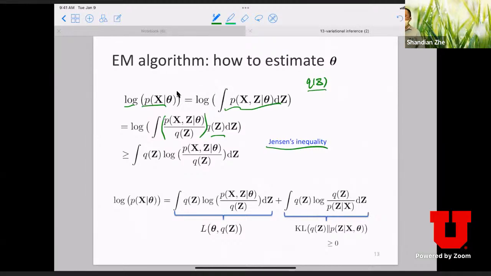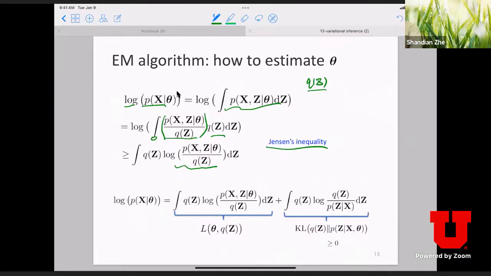According to Jensen's inequality, you can immediately derive a lower bound where you put the integral outside and put the log inside over this fraction in the parentheses. It's called Jensen's inequality. So in this way, you get a lower bound of your log model evidence. Does it make sense? It's just the application of Jensen's inequality.